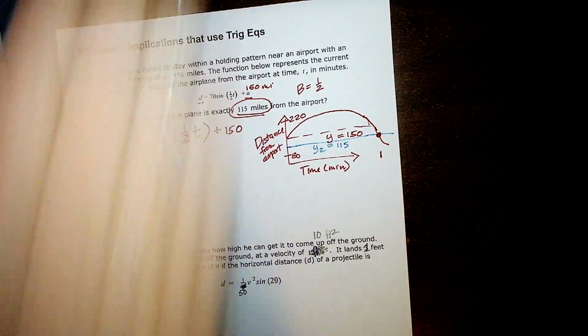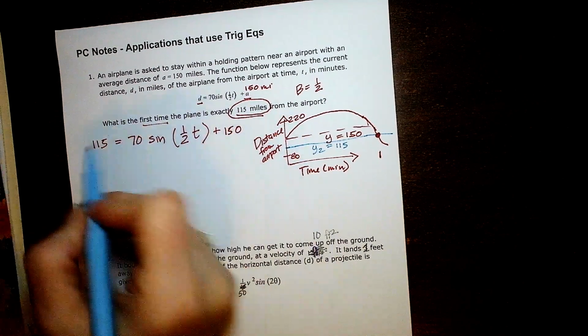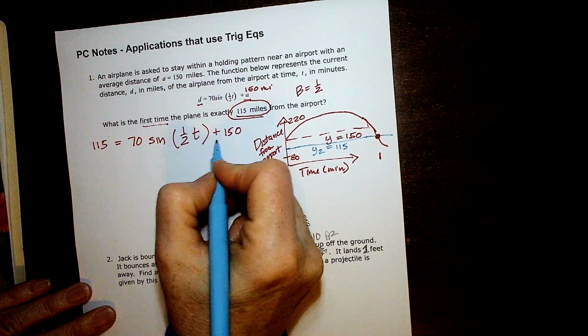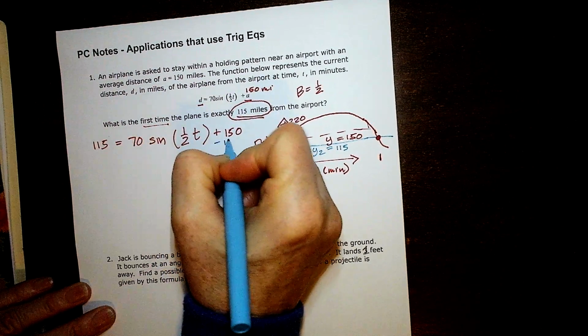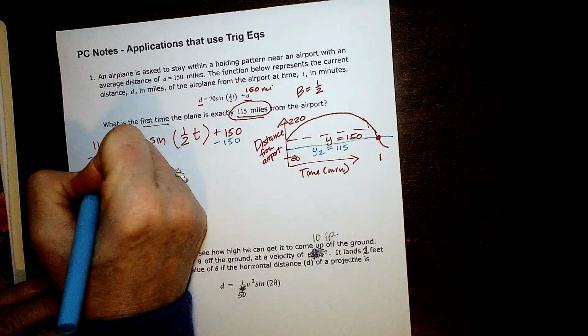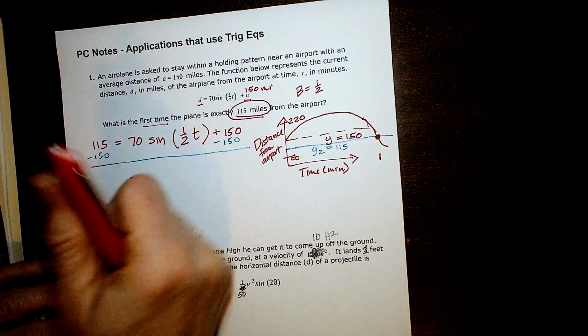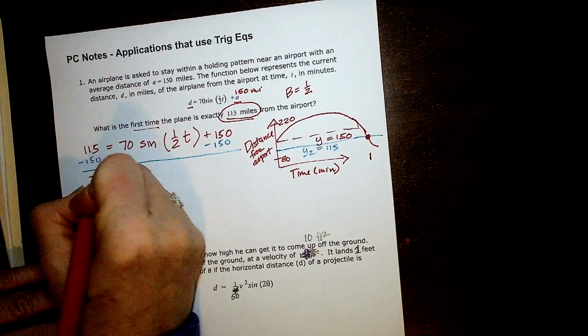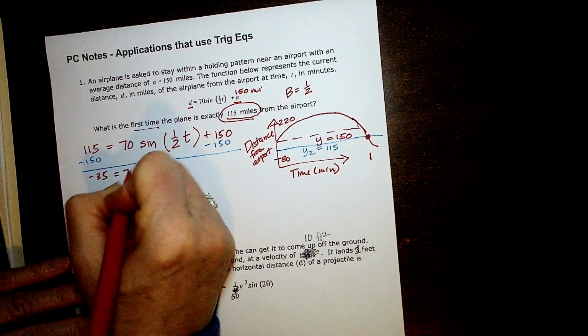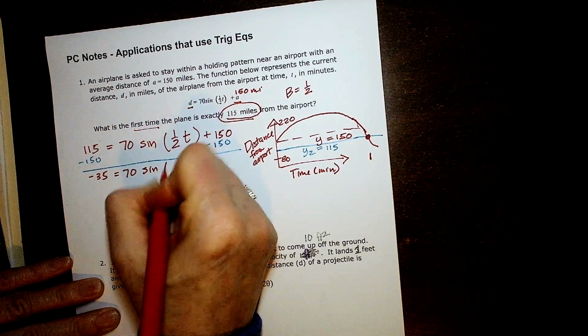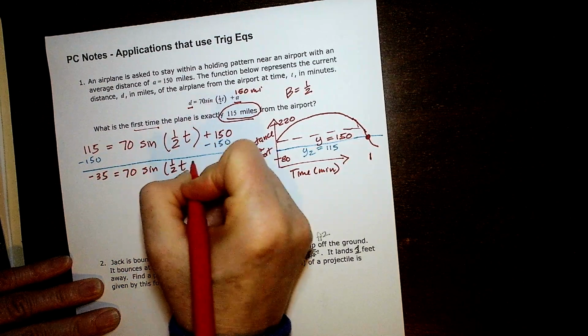Now I'm just doing the math. I'm going to subtract 150 from both sides, and I get negative 35 equals 70 sine 1/2 t, or theta.